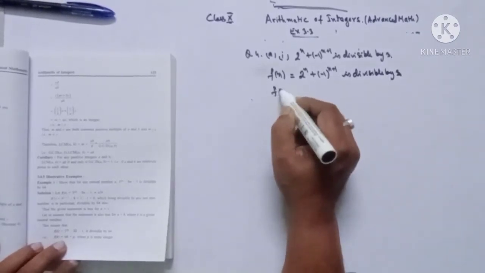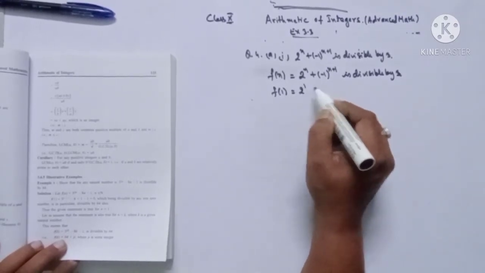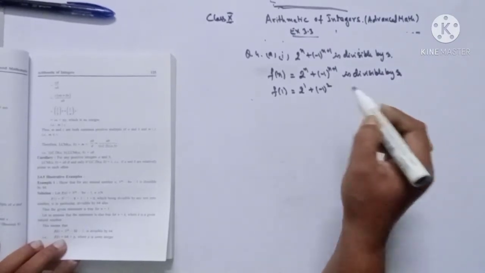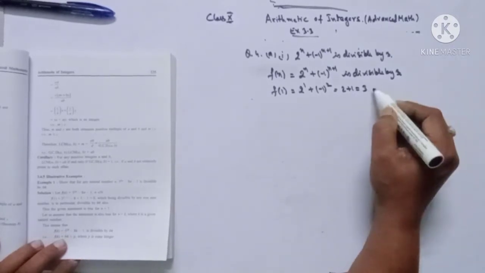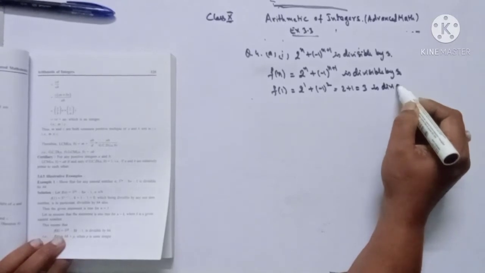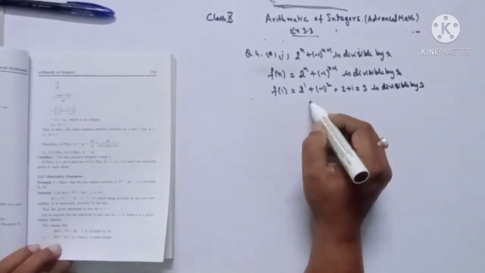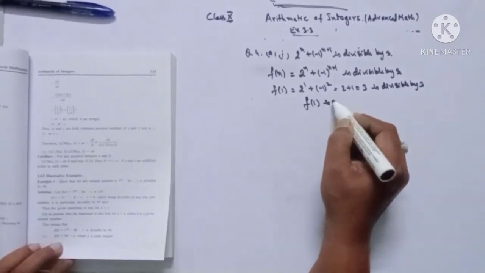So F1, for n is equal to 1, first of all 2 to the power of 1 plus minus 1 to the power of 2. So this comes to 2 plus 1, 3, and this is divisible by 3.